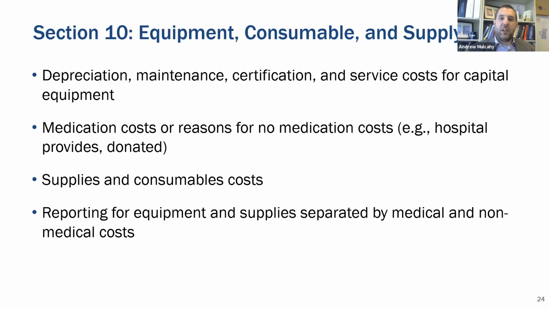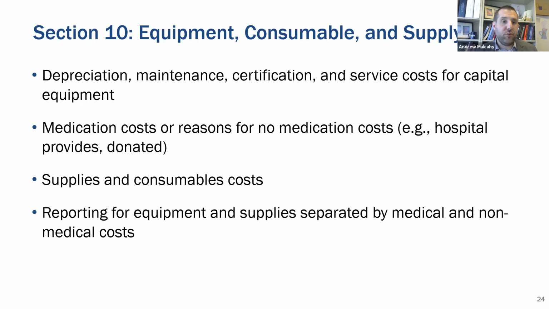Section 10 asks about equipment, consumables, and supply costs. There are a couple of categories here. There's a breakdown between capital and other expenses. Many organizations will capitalize expensive equipment, things like ventilators and power lifts. So there is a way to separate both medical and non-medical equipment out on that dimension.